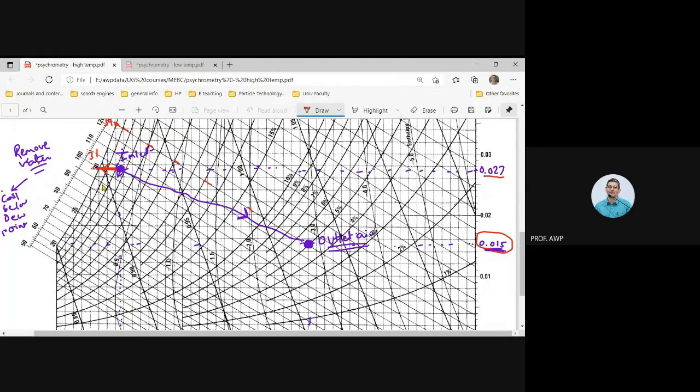Cool means I have to go along the x-axis in the negative direction. Do you agree? So that means we want to travel in this direction. But is that possible? Then air will have more than 100% relative humidity, isn't it?